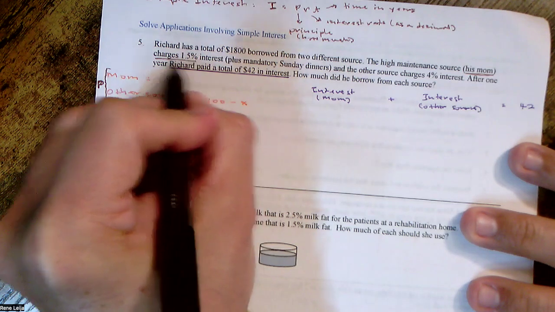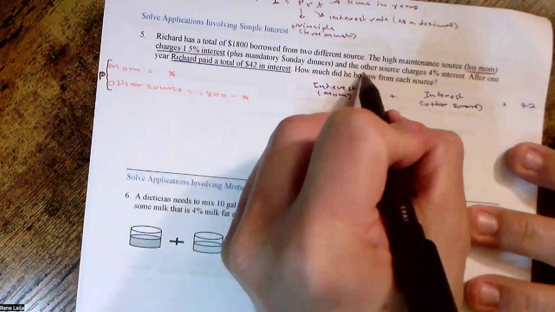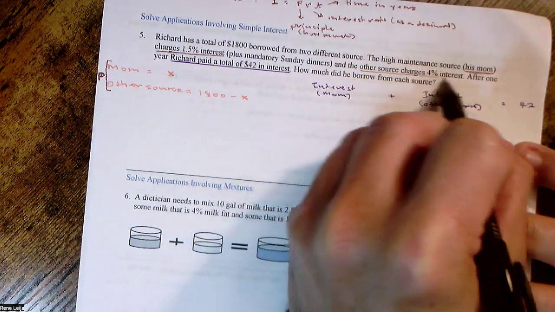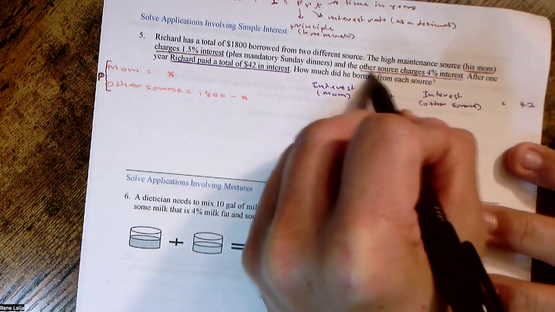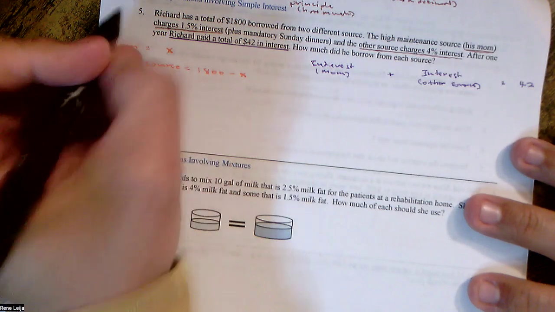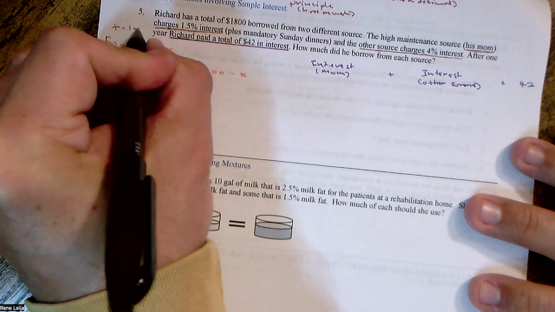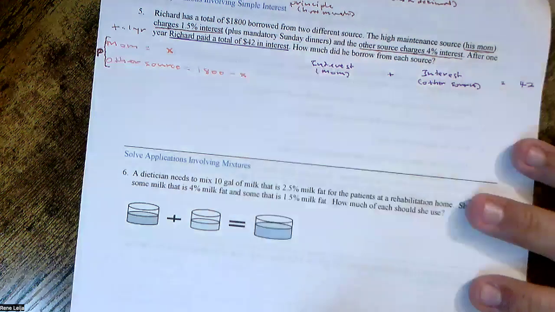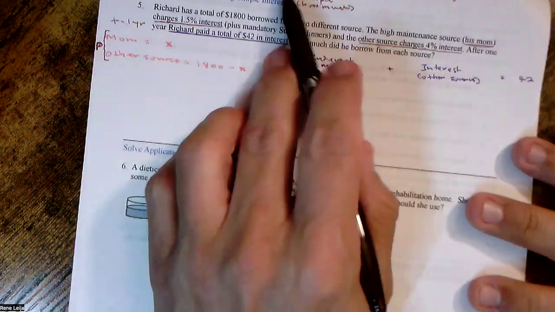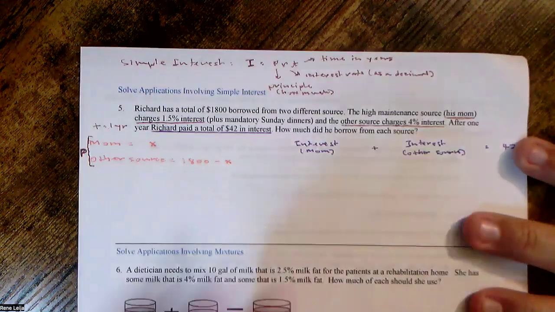She charges 1.5% interest. The other source charges 4% interest. And then we also have after 1 year, so we know that time is going to be 1 year. Okay, so this formula, I equals PRT, the PRT is what we're going to be plugging in here.